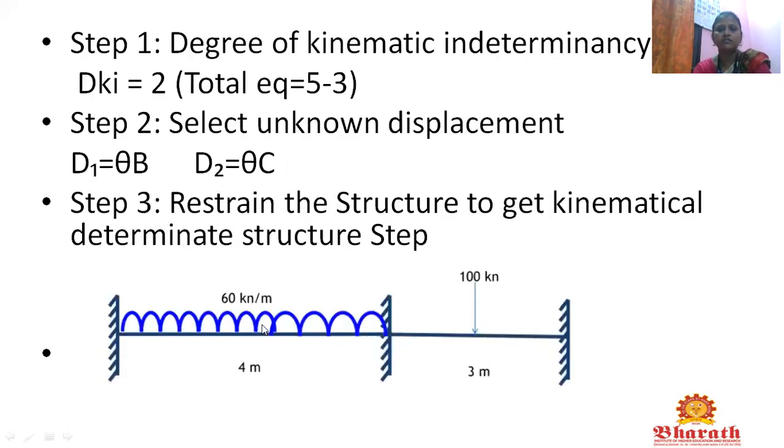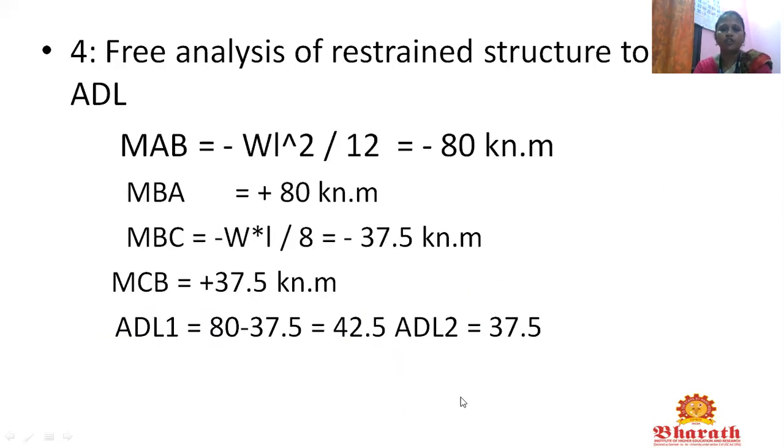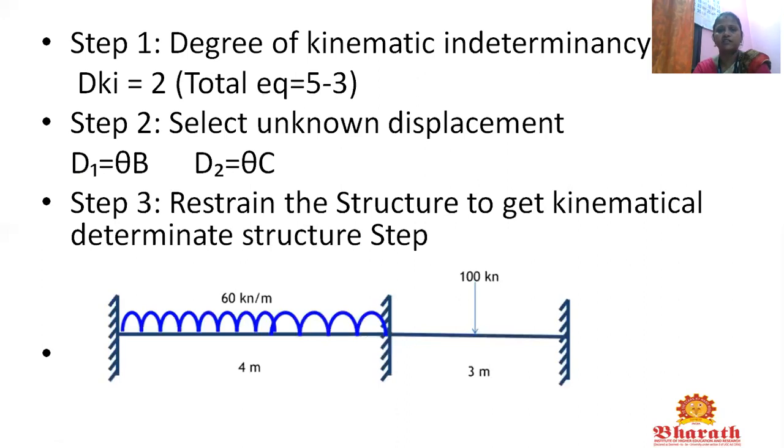So coming to the question, we are taking displacement D1. Here for D1, we have to subtract the two moments, that is BA minus BC. So ADL 1 is equal to 80 minus 37.5. What is the difference we are getting? 42.5.